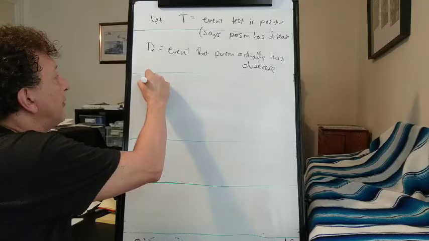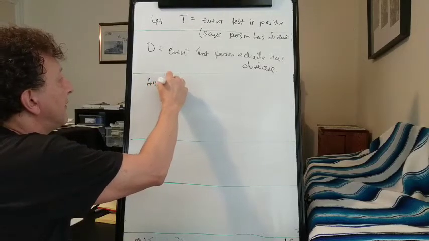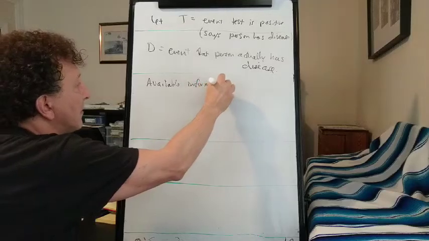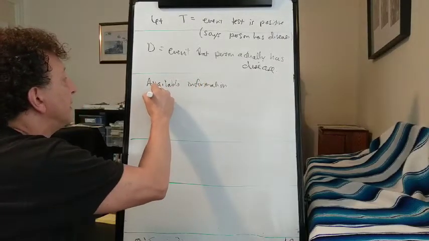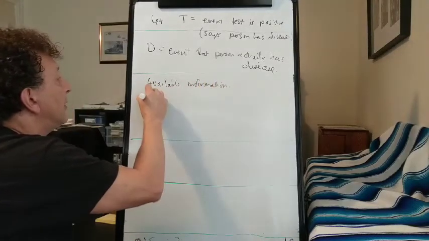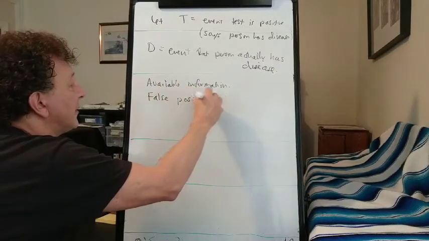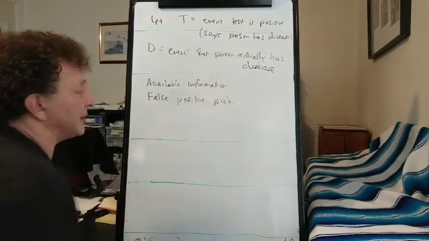So sometimes the available information is the false positive probability.